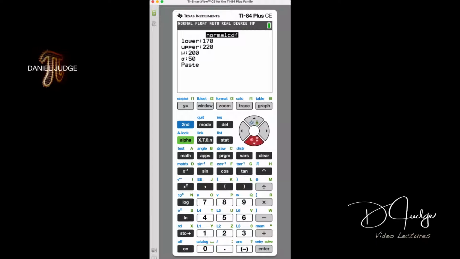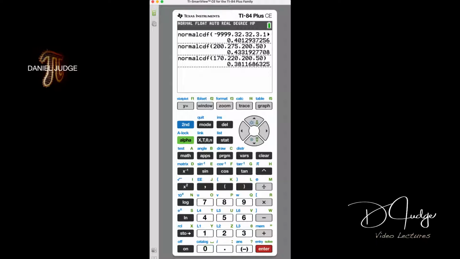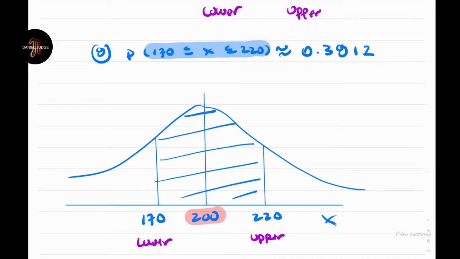The mean is the same, standard deviation is the same. Paste that in, and ladies and gentlemen, we're going to approximate this probability value to the 10,000th position. So if you read that, that's 0.3811. The digit to the right of 0.3811 is a 6. That means write the last digit as a 2, ladies and gentlemen. So your answer is going to be, as a probability, 0.3812.